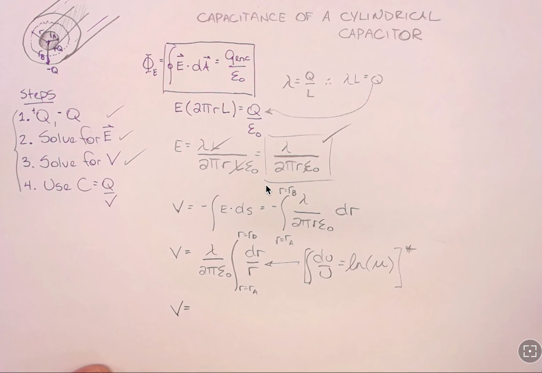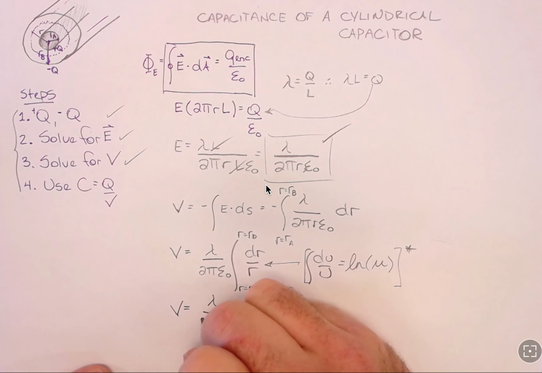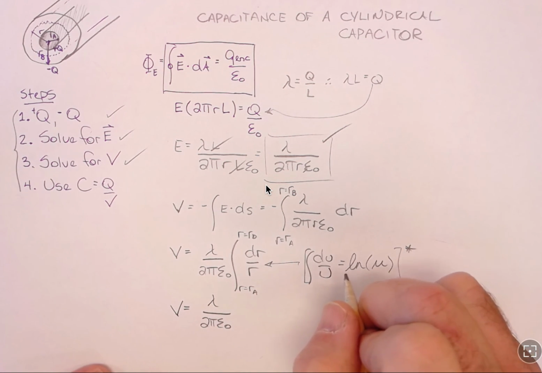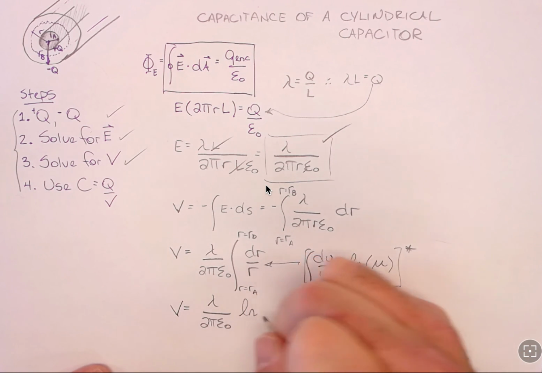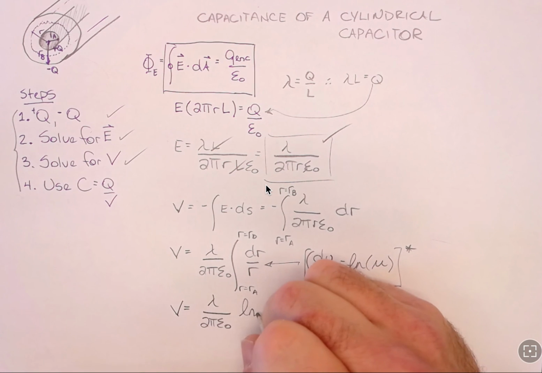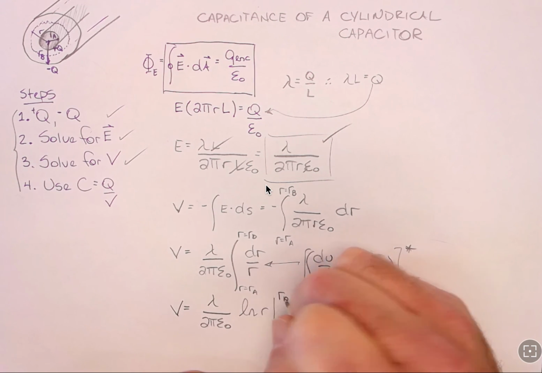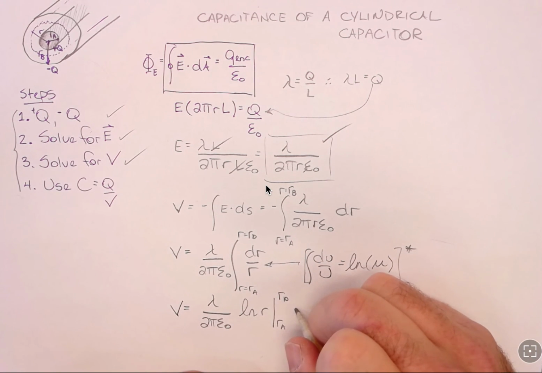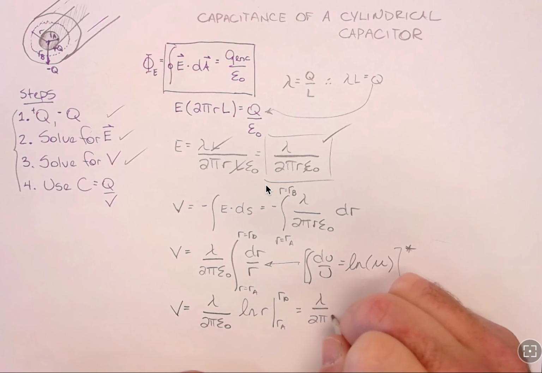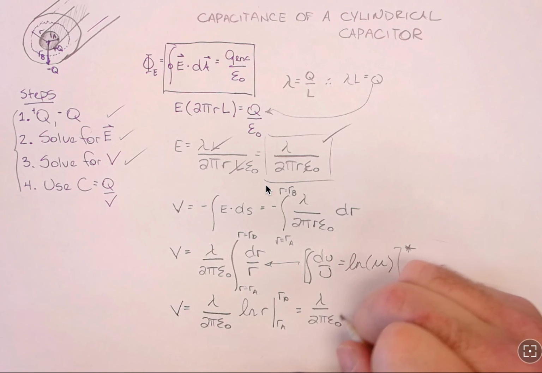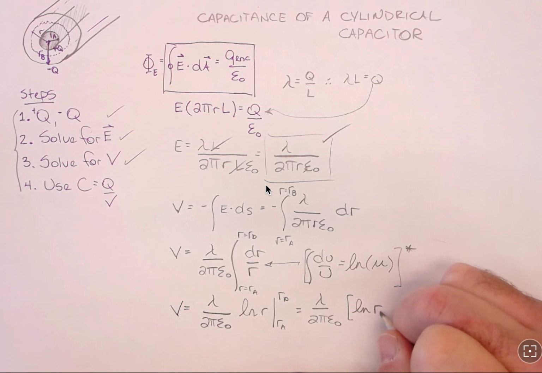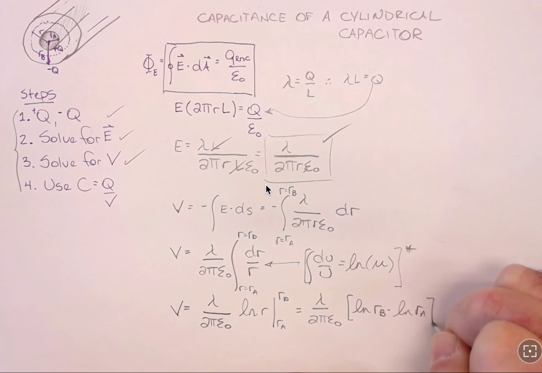This just becomes V is equal to lambda divided by 2 pi epsilon naught times the natural log of r evaluated between RA and RB. So when I do that, this becomes lambda over 2 pi epsilon naught times the natural log of RB minus the natural log of RA. Well, the natural log of RB minus the natural log of RA is just the natural log of RB over RA.